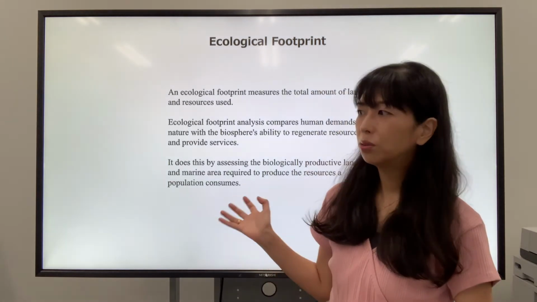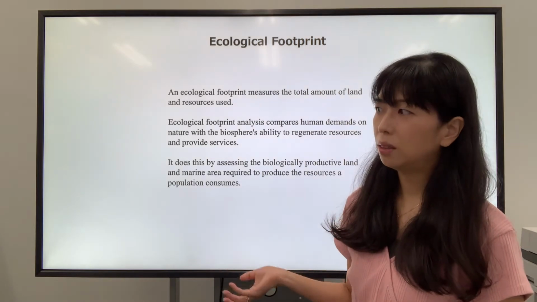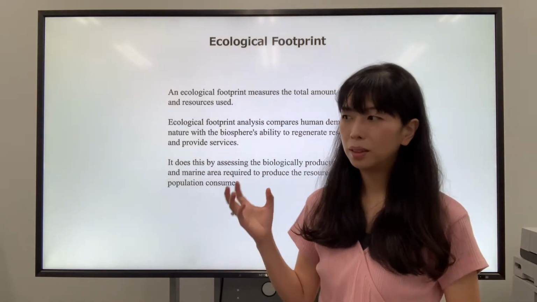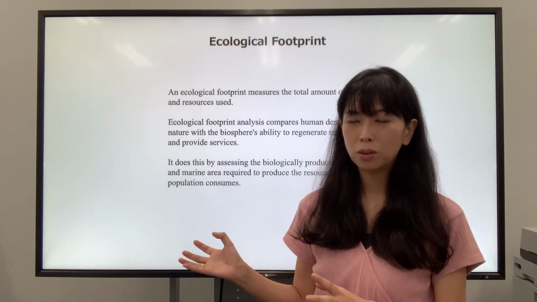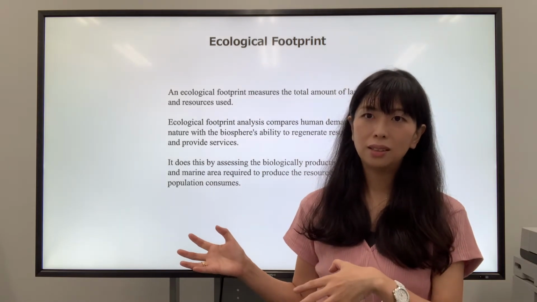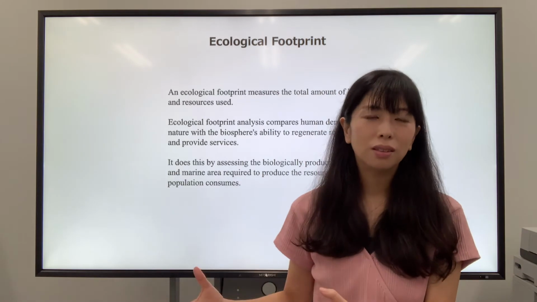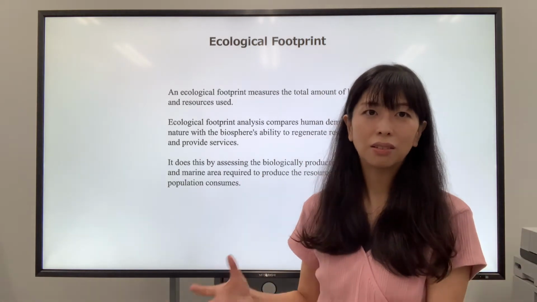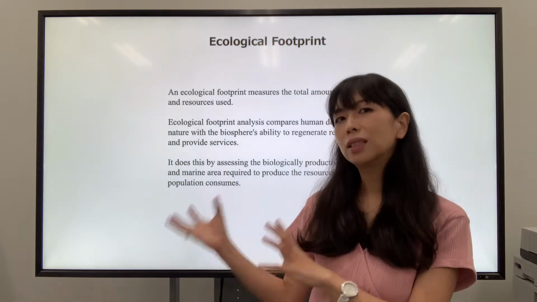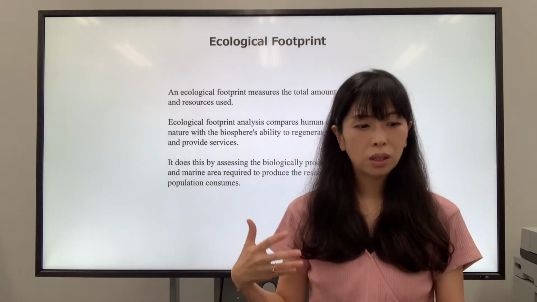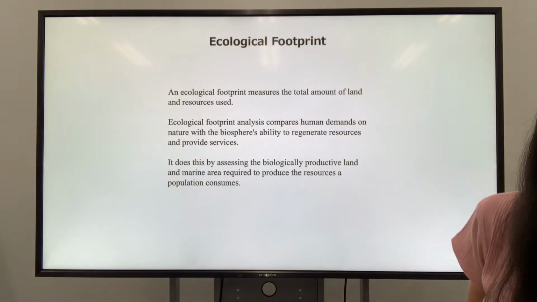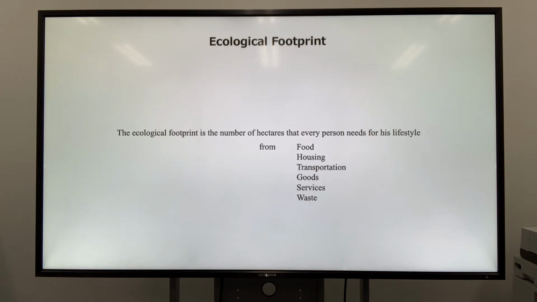So ecological footprint for me was quite important because it was one of the only ones that was able to translate this CO2 emission, which usually has units like gallons and so on, into space. Let me explain a little more about what ecological footprint is.